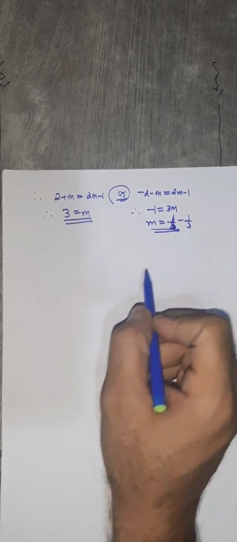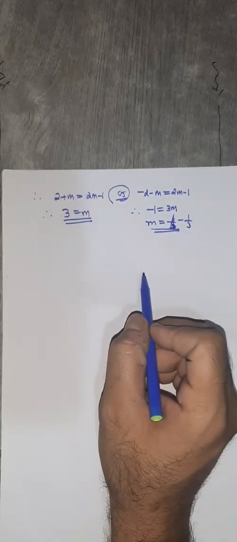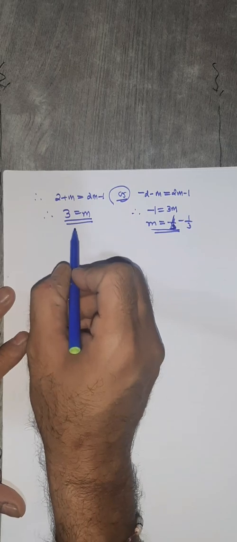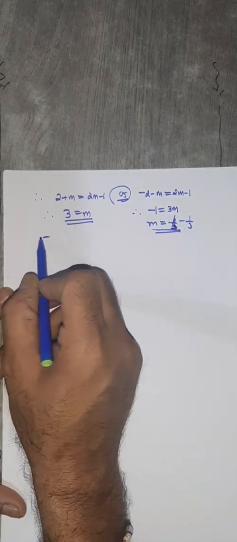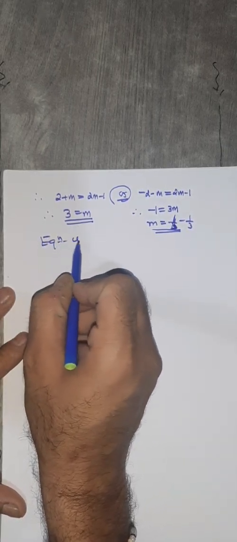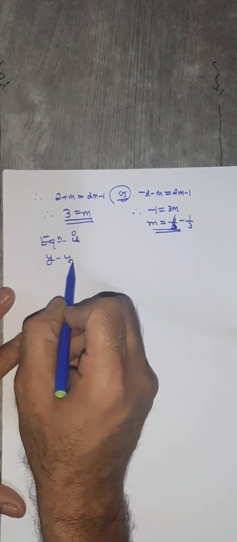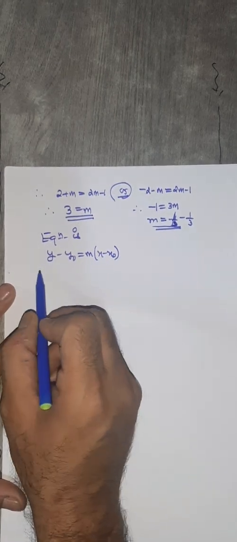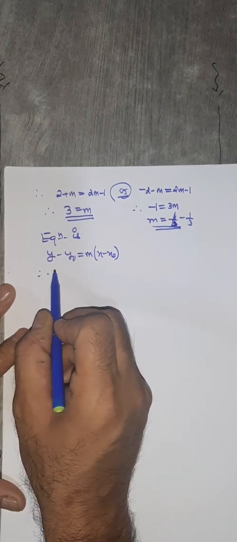Now you have the point. Which point are you given? The point is (x0, y0), so the equation is y minus y0 equals slope into (x minus x0). x0, y0 you were given in the beginning.